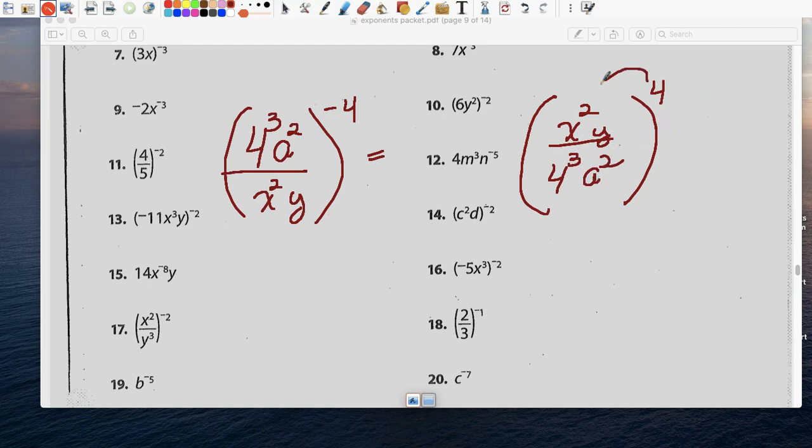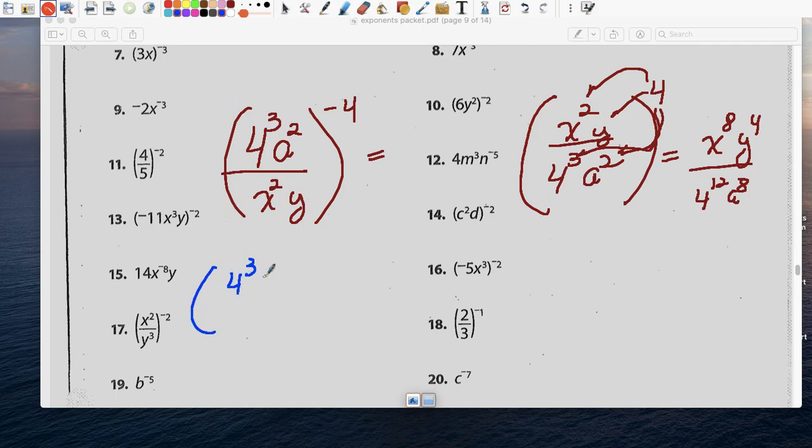And then you can multiply these. The advantage is that this 4 is no longer negative. If you did that, you get x to the 8th, y to the 4th, 4 to the 12th, a to the 8th.